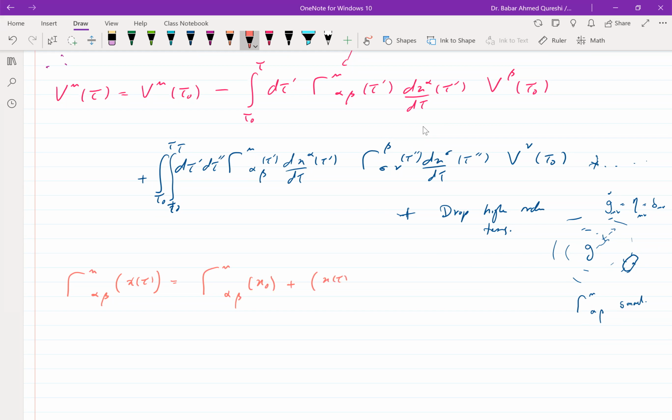And then you have rho at x naught and so on. And you are assuming that this Taylor series is convergent. Each derivative is just smaller than the next because the metric is being expanded like this.